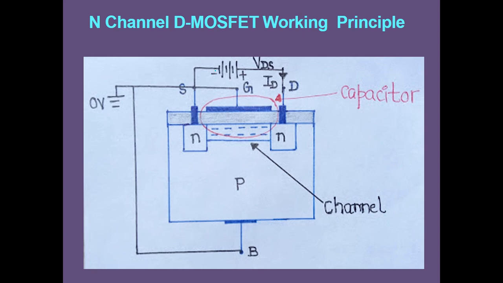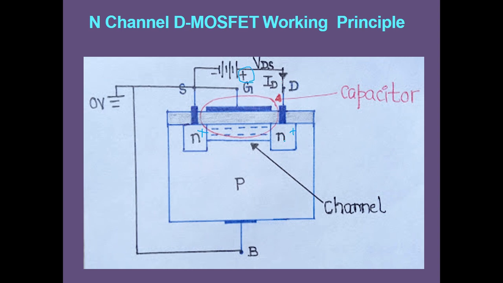Whenever we apply the gate source voltage as 0, that is grounded, and apply a positive potential at VDS, what happens is this: here we have the N plus well, comprising electrons. These negatively charged electrons get attracted by the positive polarity of the drain terminal.